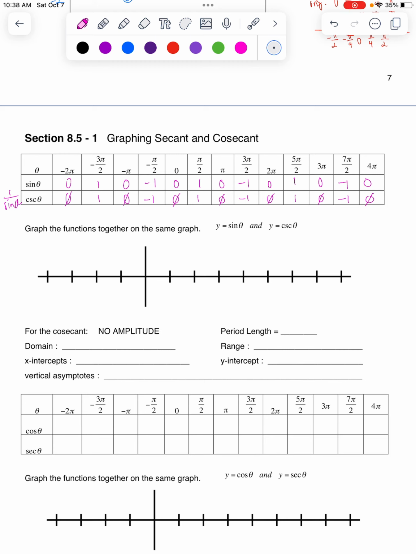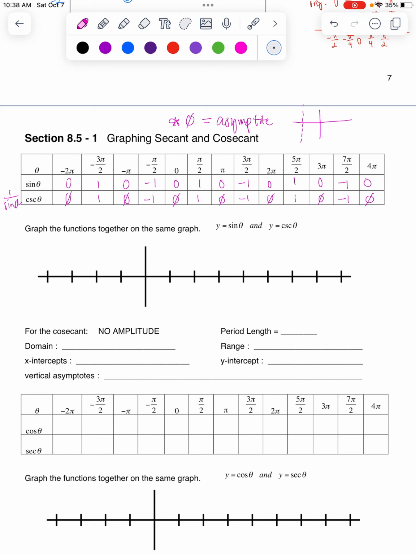Whenever we are graphing with cosecant and secant, if we have an undefined value, this is just going to be an asymptote on our graph. This word goes all the way back to algebra. This is when we have a graph and we have a dotted line.